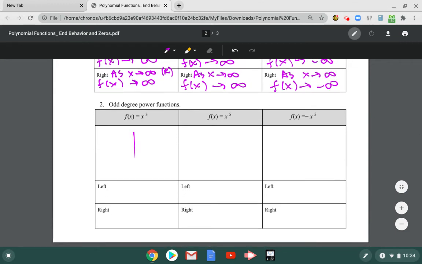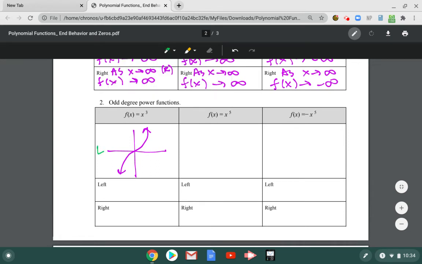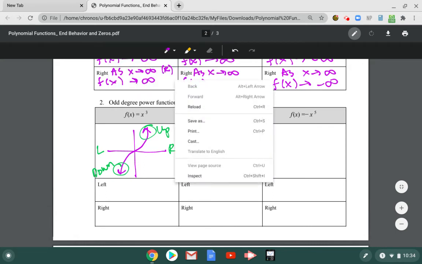X cubed is a really familiar one to us. It's one of our toolkit or common functions. It looks like this. If I do a little bit of labeling with my green pen on this guy, on the left, it's going down. On the right, it's going up. Let's go ahead and express that one using our end behavior.